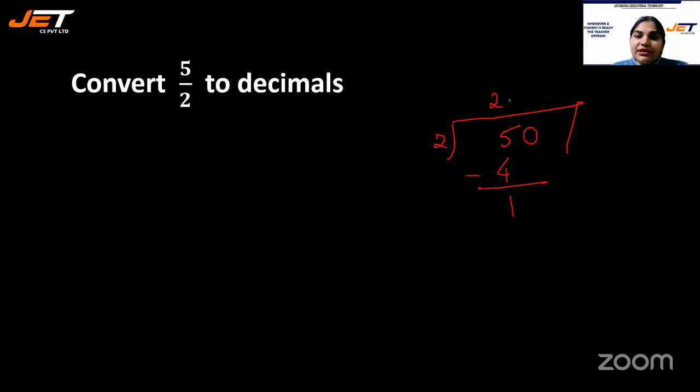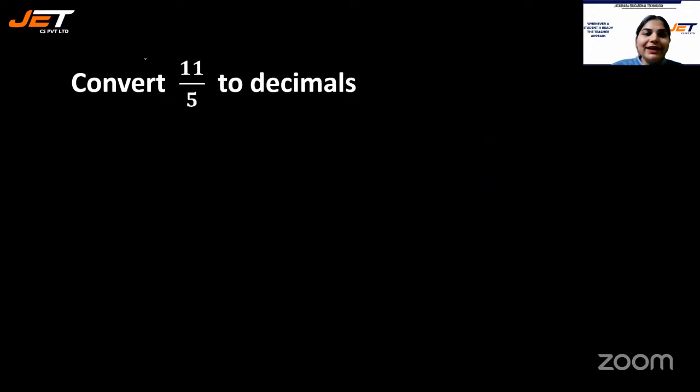I'll put an extra 0 because I want the decimal in the answer, bringing it down. 2 times 5 is 10. So 5 by 2 is 2.5.